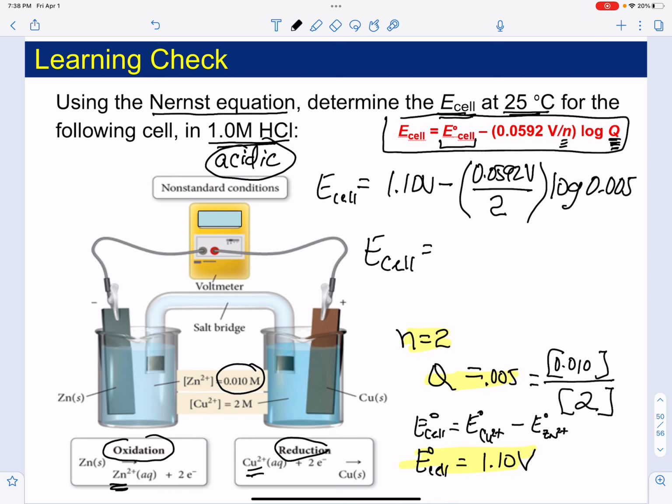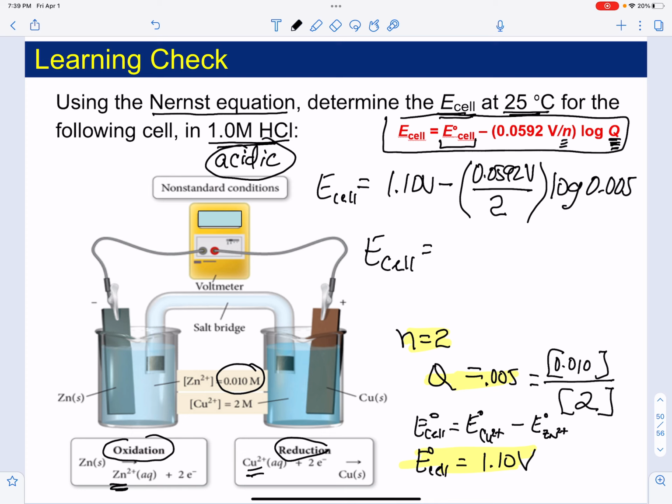Just give me a second, the log of 0.005 multiplied by 0.0592 divided by 2.